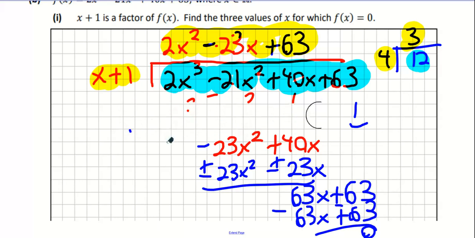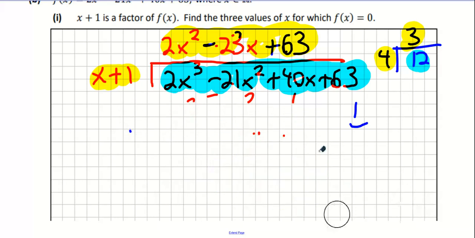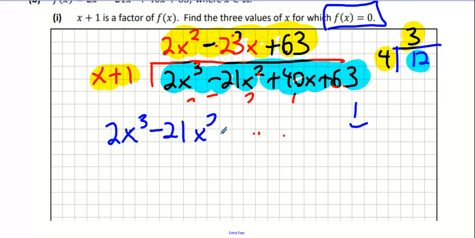The question is f of x equals 0, and f of x is this thing here.